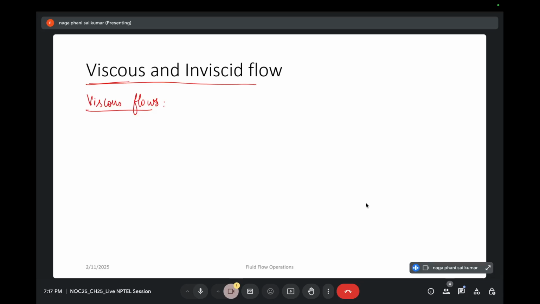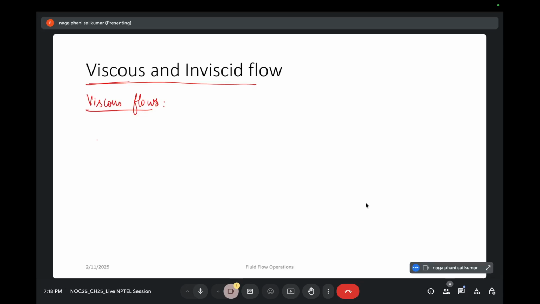And if viscous effects cannot be neglected, then it is a viscous flow. In most cases you can neglect the viscous forces, but in some cases you cannot, especially in fluids which have higher viscosity. These types of flows are called viscous flows.